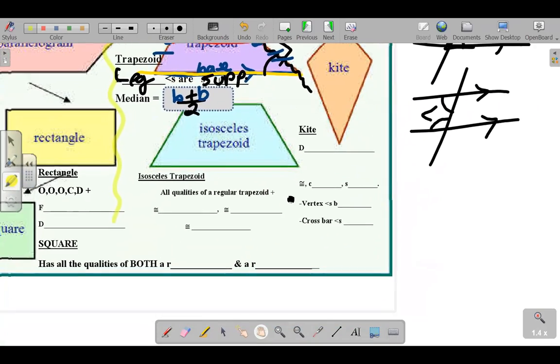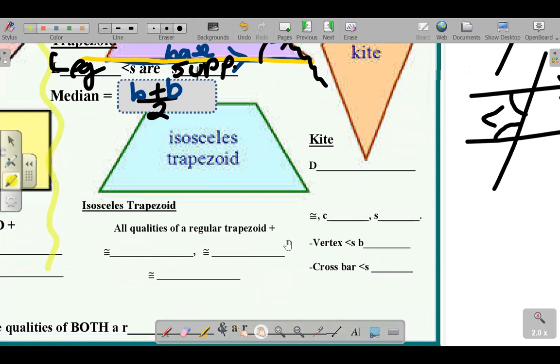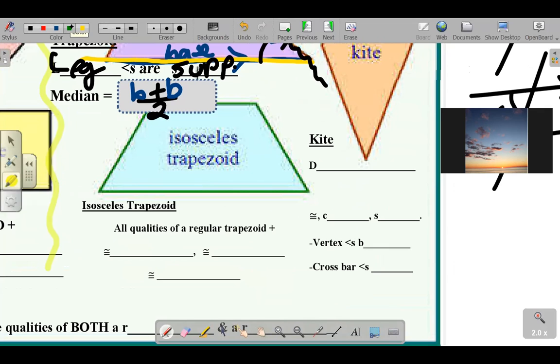An isosceles trapezoid is a descendant of a trapezoid. Miss Clark, what makes an isosceles trapezoid isosceles? It has 2 equal sides. And that's specifically what we call the legs. So you have congruent legs. Go ahead, sweep these angles.